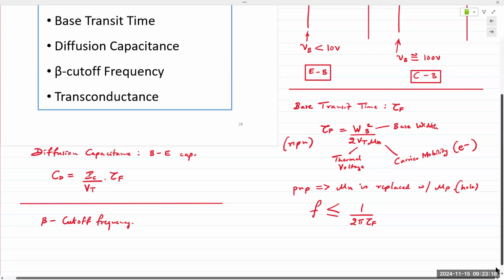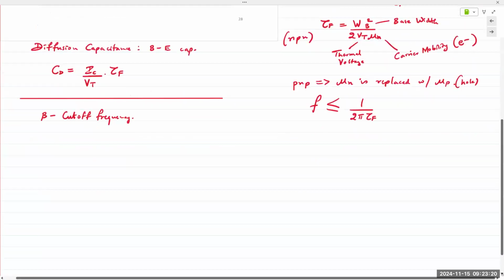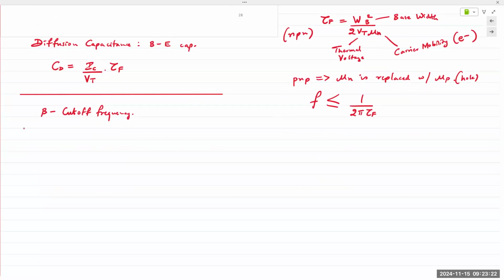If we were to plot the beta current gain for a BJT as a function of the input frequency, it will remain constant up to a certain level and then start to gradually drop off with increase in frequency.